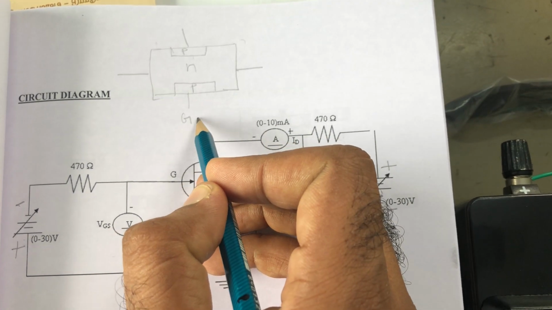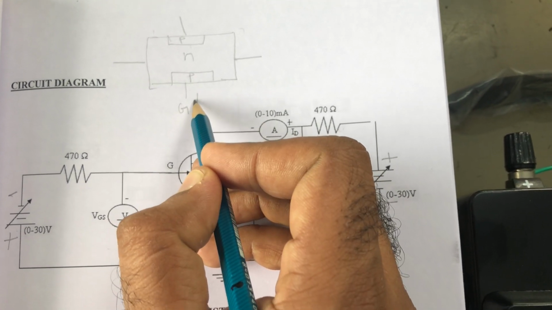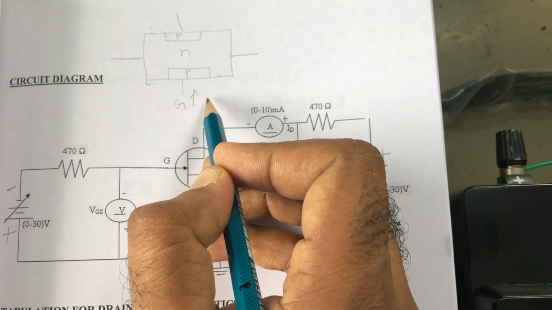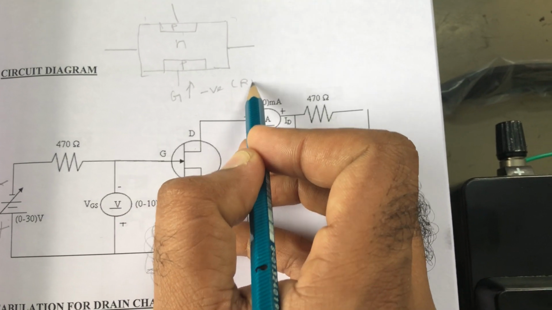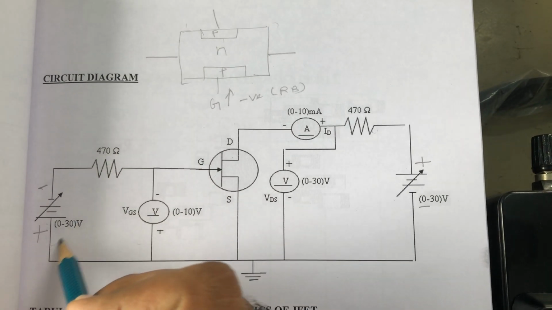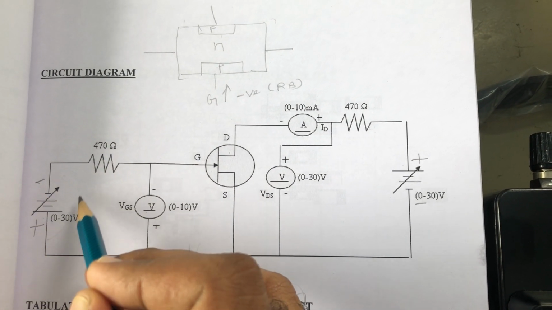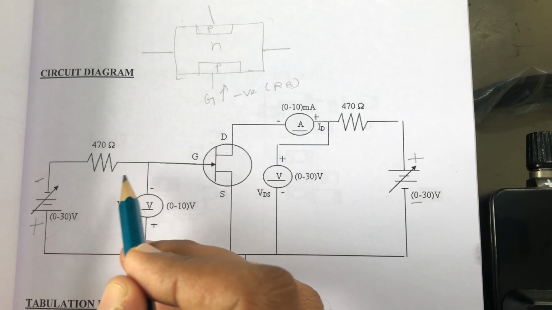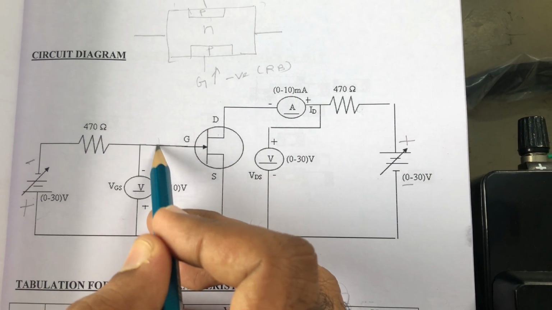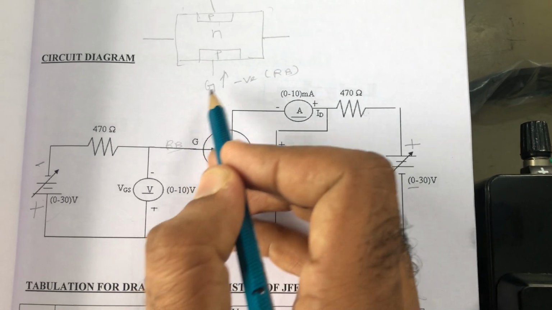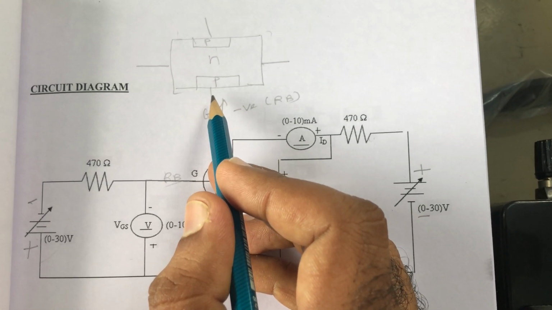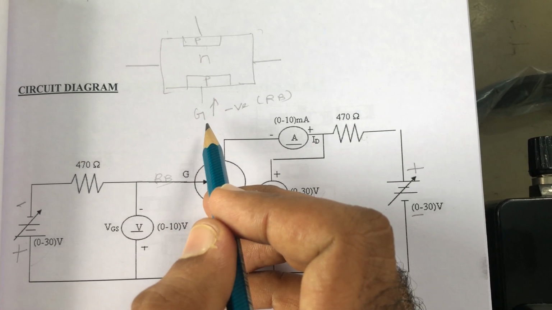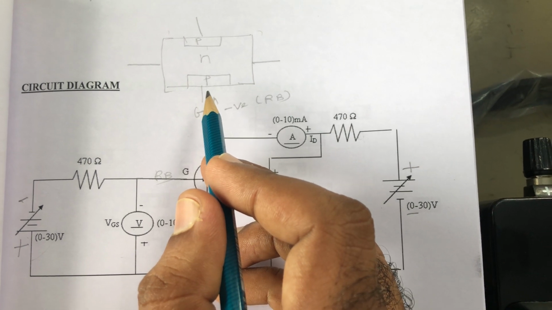So if you give voltage to the gate, that is we are giving negative volt, that is reverse bias. See here the RPS is connected inverse, that is negative. So negative means we are applying reverse biased voltage to the gate terminal.